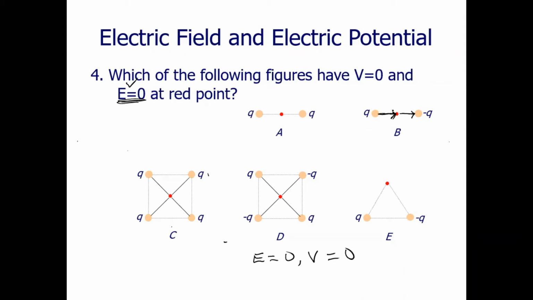So the electric field will not be equal to 0 for part B, since they are adding up. So already it is disqualified. But the electric potential is equal to 0. So here the electric field is not equal to 0, but the potential is equal to 0. So this one is satisfied, but the other one is not.